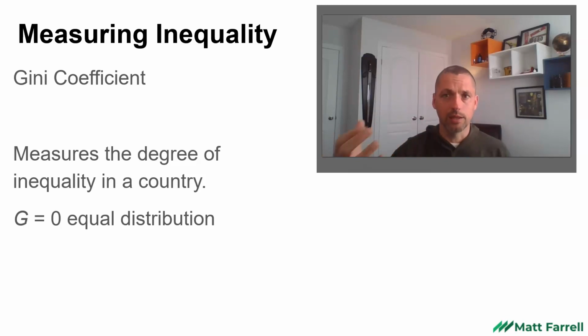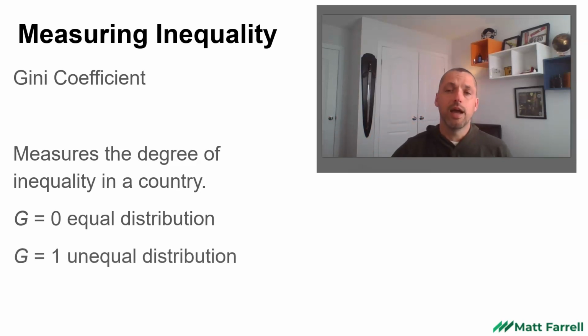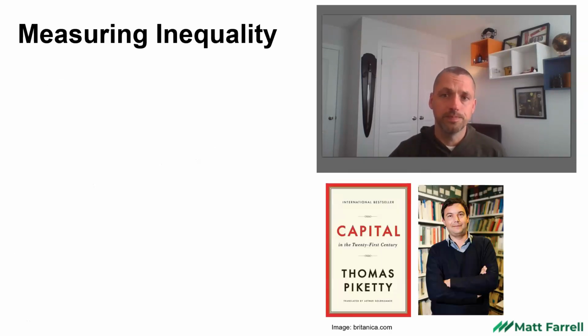So that would be a low Gini index with a coefficient of 0, meaning perfectly equal distribution. However, that will rise when it is extremely unequal. So when that individual walked into the bar with $1 million, that Gini index went closer to 1, with one person having a lot and everybody else having not so much. Those are measures of inequality. That's one way of looking at inequality within a population.